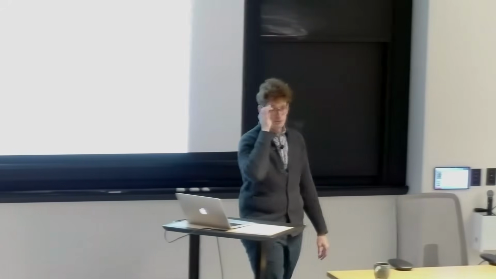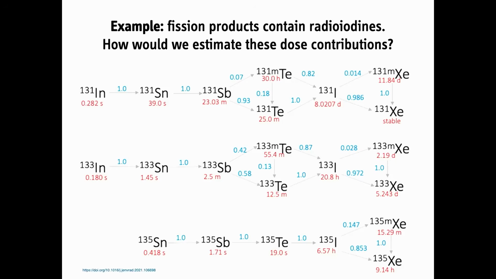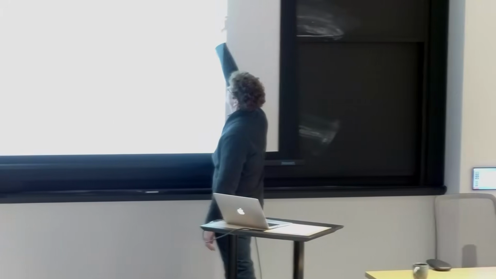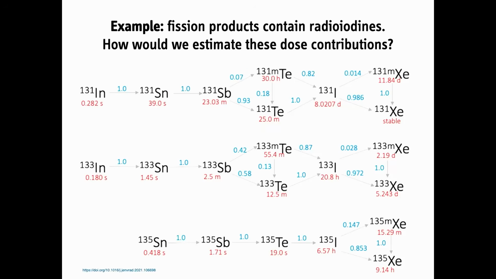Because this stuff stays around 8 days, there's a good chance in the immediate aftermath that you might ingest some of this iodine. And that becomes a problem because then it decays inside you. Once it decays, it typically decays to xenon.